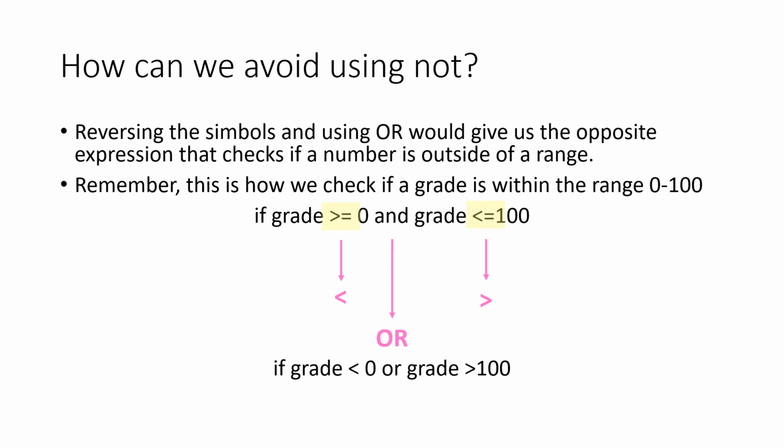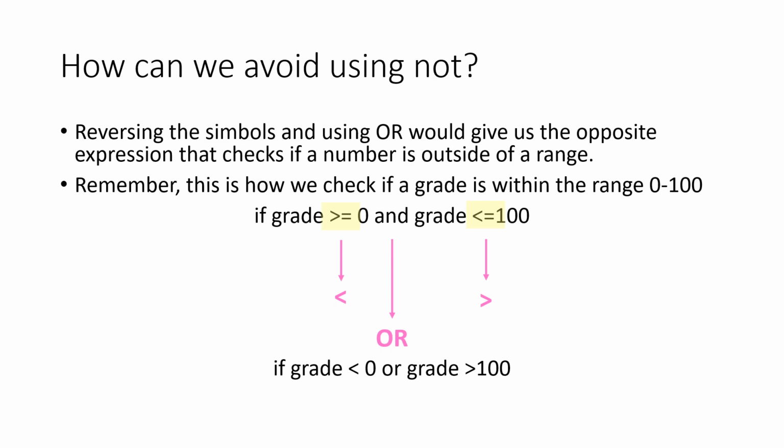The keyword and needs to be changed to or, and then the second condition, you're going to reverse the symbol. So if you had grade less than or equal to 100, you use the complementary symbol, which is greater than, and there's your condition.